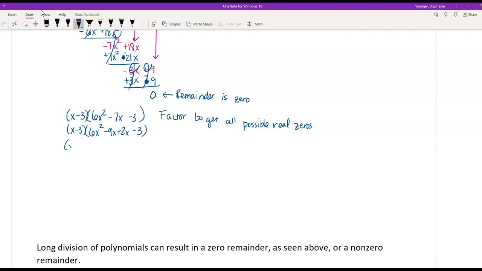I'm going to find my common factor. So this is 3x, and I'm left with 2x minus 3. Oh, this is not x minus 3. This is 2x minus 3. And then plus 1. I'm left with 2x minus 3. So my factors are x minus 3, 3x plus 1, and 2x minus 3.